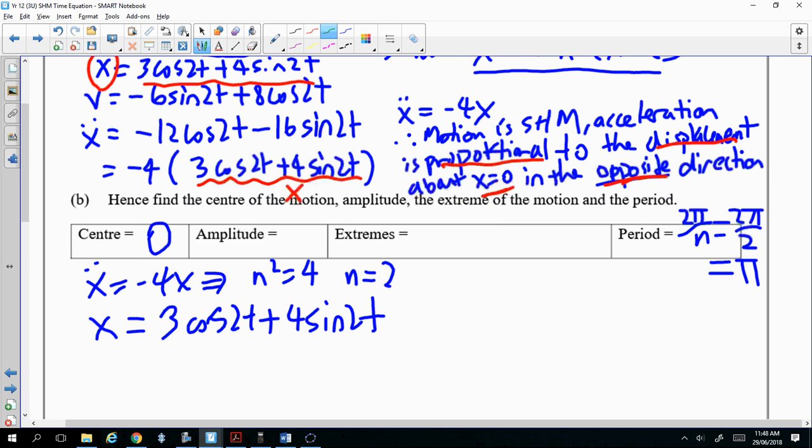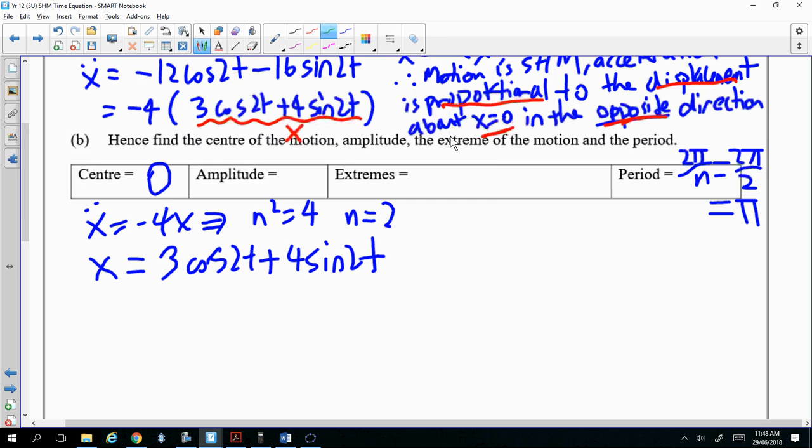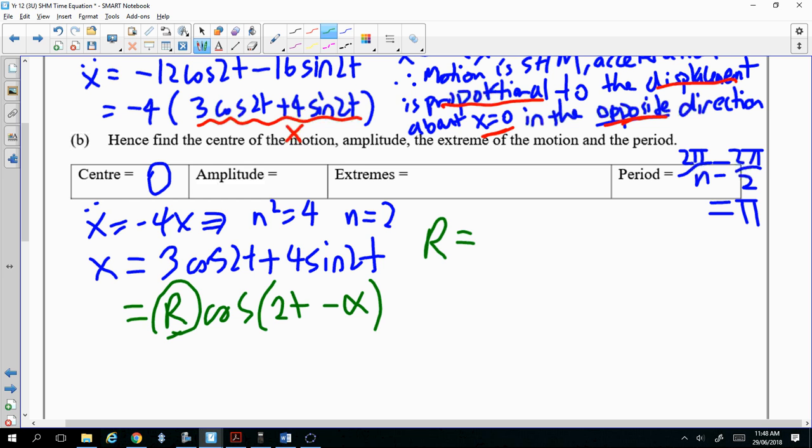R is the square root of 3 squared plus 4 squared. So the amplitude is 5. You have to recognize this form and be ready to change to another form. Do you need to find the alpha? No, because you don't need alpha to find the amplitude, just the R. And the extreme is, once you know the center is at 0, the extreme must be 0 plus 5 or 0 minus 5, which is just 5 and negative 5, the extremes of the motion.